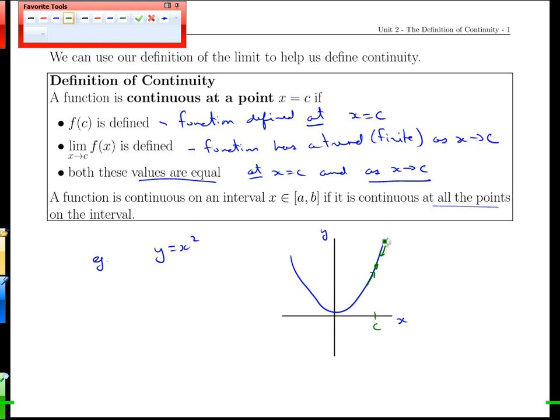And likewise, if we approach from the other side, the function is getting closer and closer to the value at whatever c is there. That would be c squared. So there's no discrepancy between where we would end up if we just followed the graph without going to a point and the point on the graph itself. That is the technical definition of continuity.